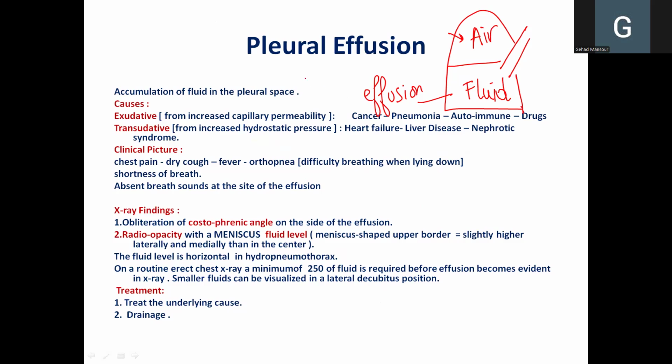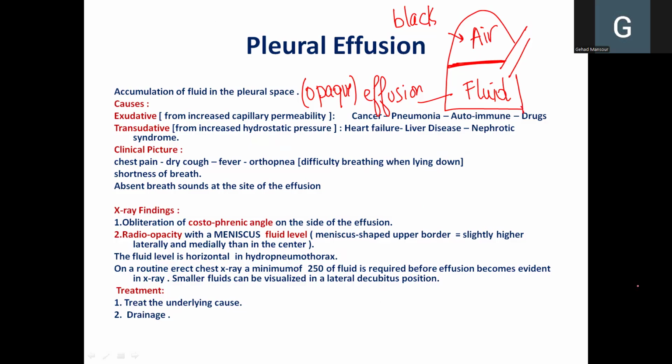So you see the effusion, which is opaque and white, and above the effusion, you see something black, which is the air, which is very translucent or radiolucent, and therefore it appears black. In such a case, you will find that the level between the fluid and air is not concave upward. There wouldn't be a meniscus, but there would only be a flat separating line between the fluid below and the air above.